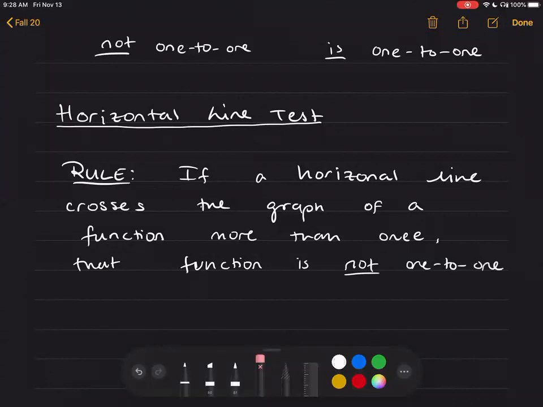It's kind of the same idea as the vertical line test, where we had a vertical line, and if it crossed the graph more than once, it wasn't a function. Here, we have a horizontal line, and if it crosses the graph more than once, it's not one-to-one.